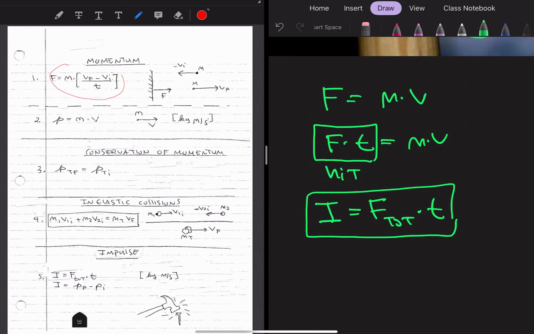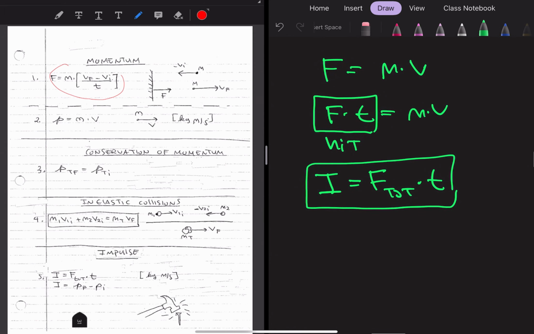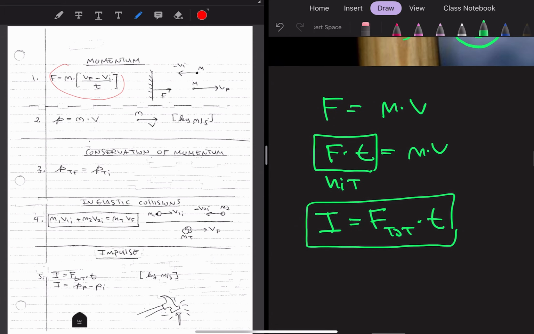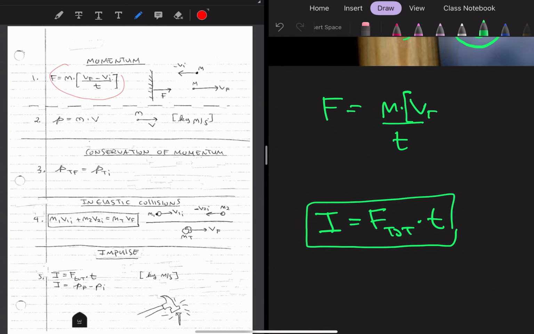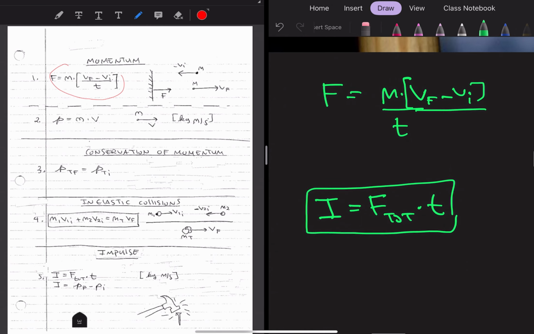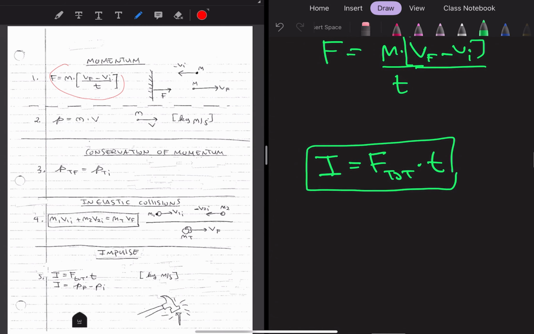There's another way to describe impulse, though. So now if we go back again to Newton's second law, but write it in a more general form. Newton's second law is not just force is equal to mass times velocity over t. It's force equals final velocity minus initial velocity over t. And so, playing around with the variables, we have another way to write impulse.